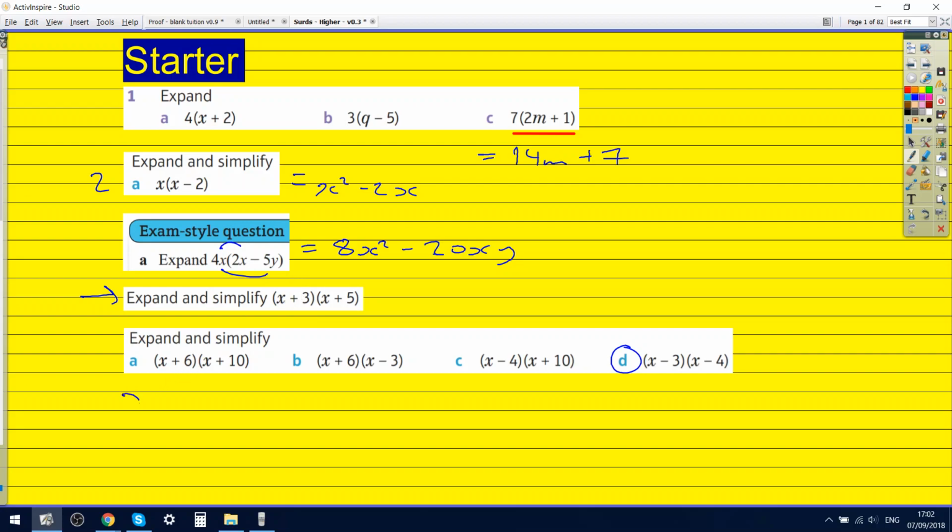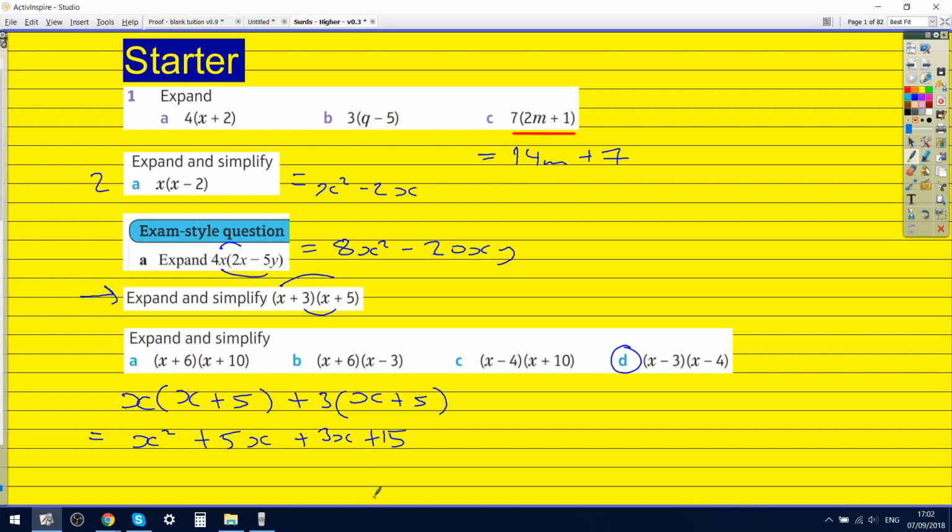So the first thing you do is x times x plus 5. And then the next thing you do is 3 times x plus 5. So it's both of those things times x plus 5. And so what would you get there? So you have x squared plus 5x, and then 3x add 15.